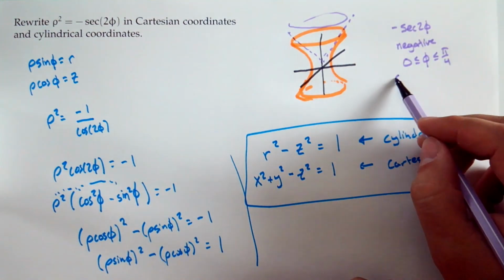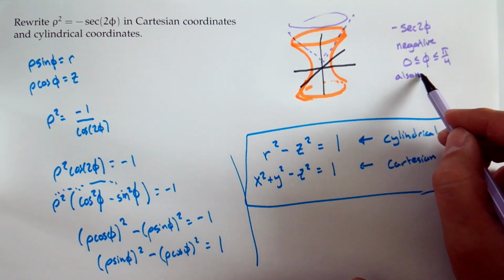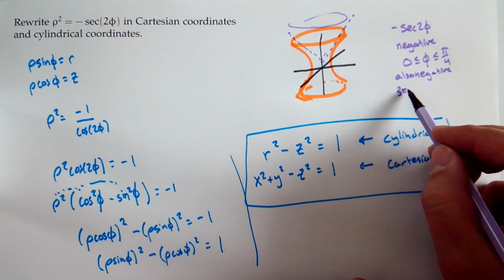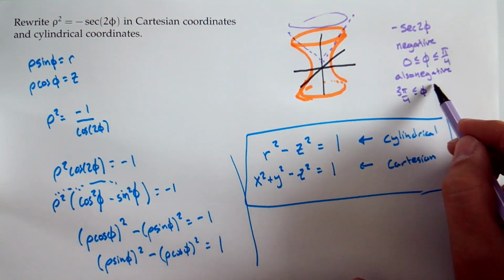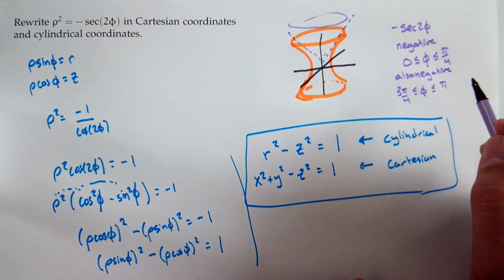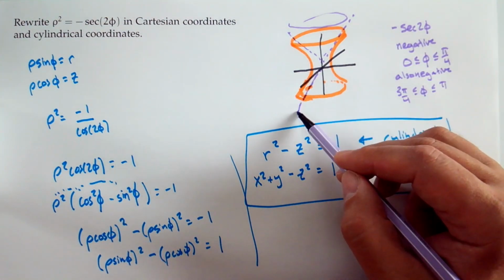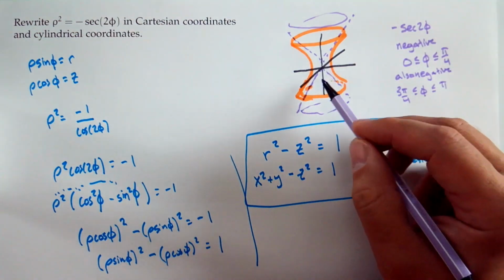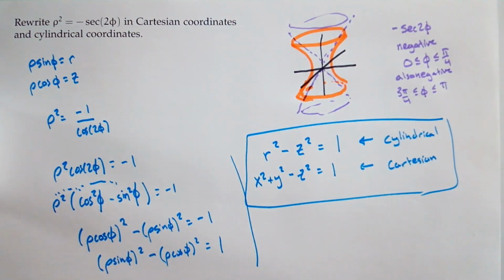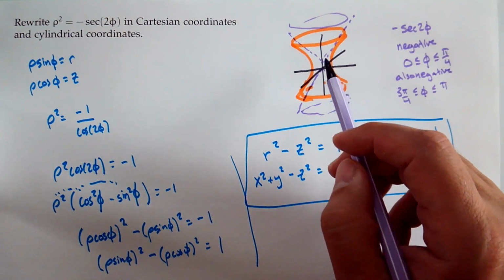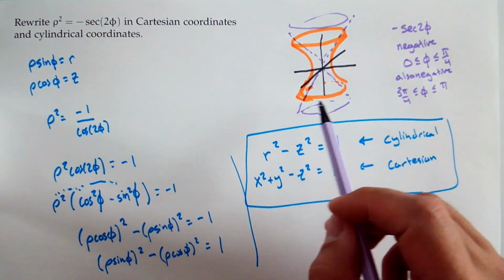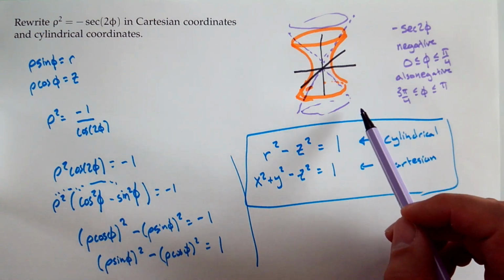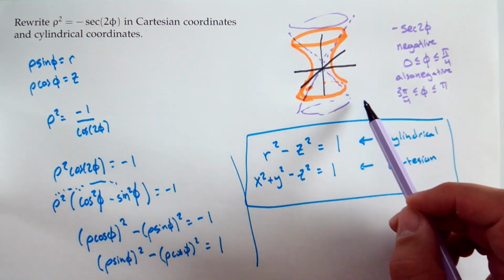And it's also negative when we have 3 pi fourths less than or equal to phi less than or equal to pi. So in other words, it's also going to be missing down here. If you look down in that cone, no part of the surface is in that part of the cone. So we missed what's up in that top cone, and we missed what's down in the bottom cone. And then what's really happening is we are trying to approach the cone as we come in from the two sides.